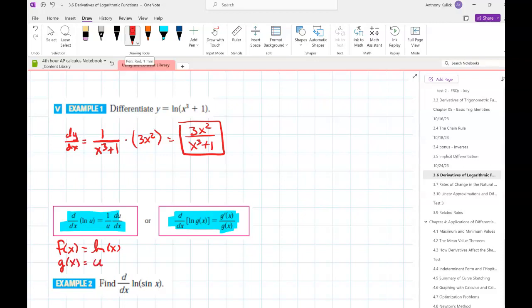When I do the derivative, I have 1 over u times the derivative of u, which is du/dx. It's just the chain rule combined into this rule. Do you need to memorize this? No, because you know the chain rule, and you'll know the logarithm rule, and we've been practicing over and over how to use the chain rule in conjunction with these other derivative rules. That's all this is saying.